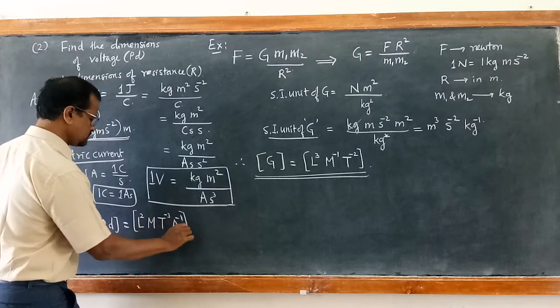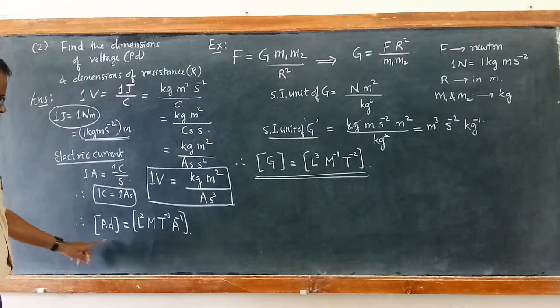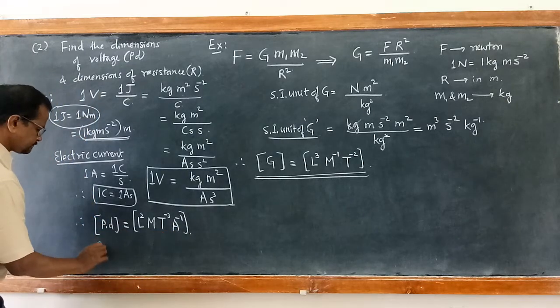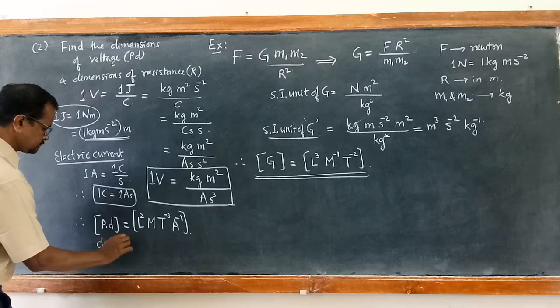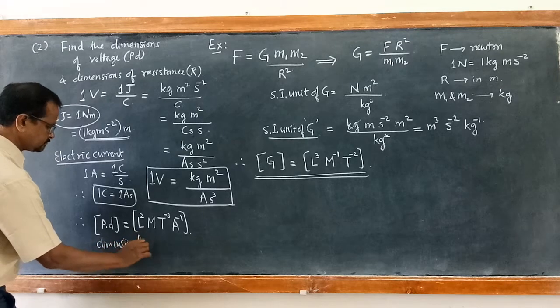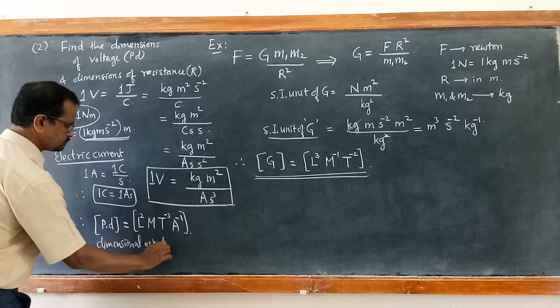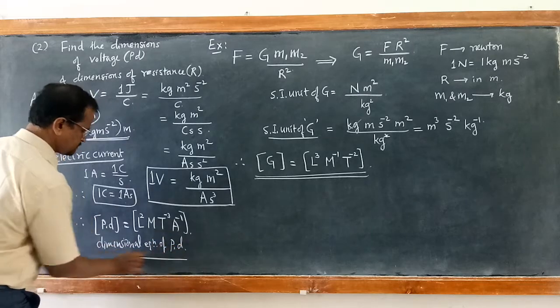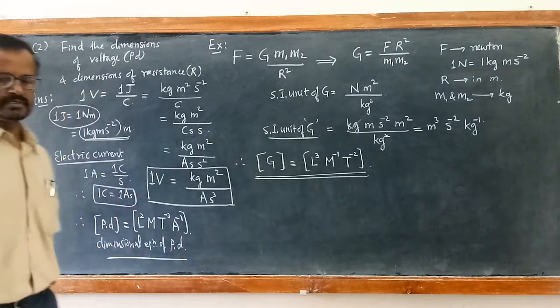So this becomes the dimensional formula or dimensional equation of potential difference.